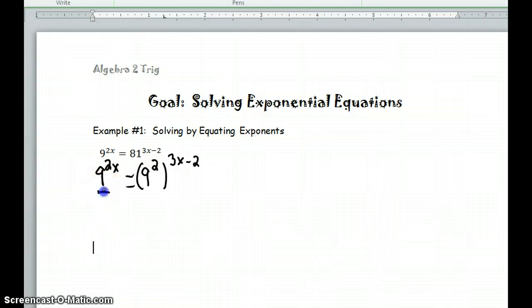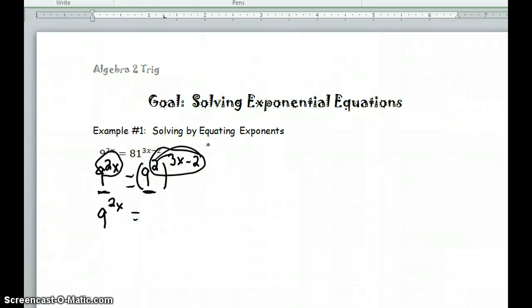Now, this base matches this base, which means the exponent here has to match all of this exponent, which should totally make sense for those to be equal. Now I'm going to go one step further with the 9s. I'm going to leave this 9 to the 2x equals, and I'm going to multiply this 2 times the 3x and times the negative 2.